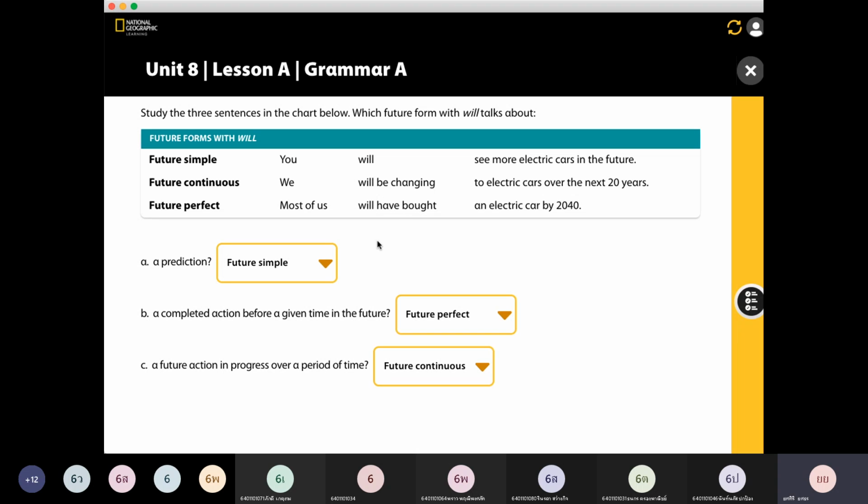Because when we talk about the future, one important word that we're going to deal with is will, right? And then we just apply the other aspect, like simple, continuous, or perfect, with the will in order to write it out and make it different from one another. Okay. All right.